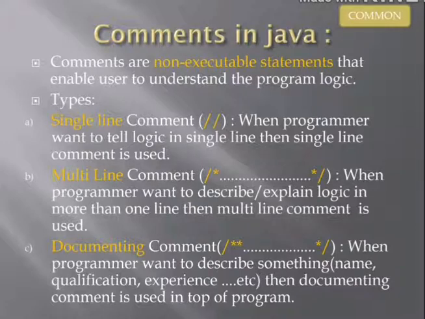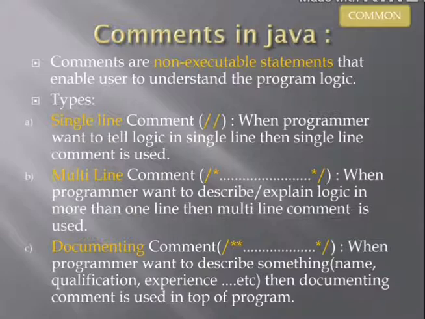We have 3 types of comments. One is single line, another is multi-line, and another is documenting comment. Single line is used when we want to explain our logic in a single line only. Multi-line is used when we want to describe our logic in more than one line.